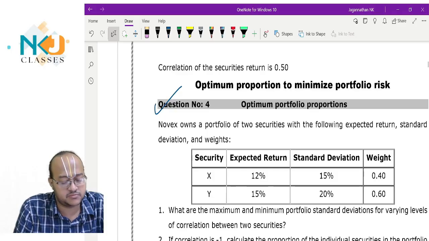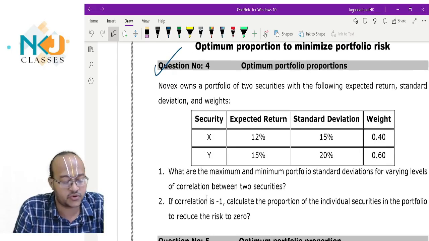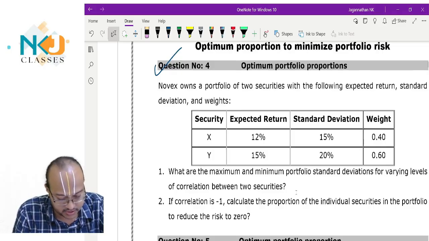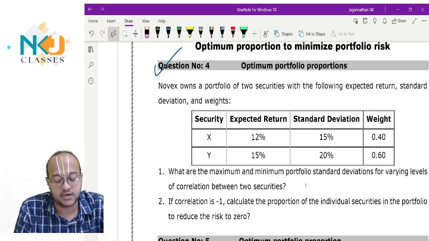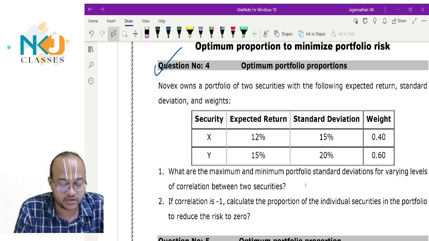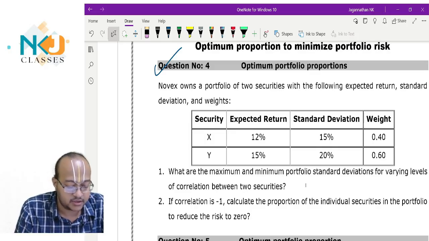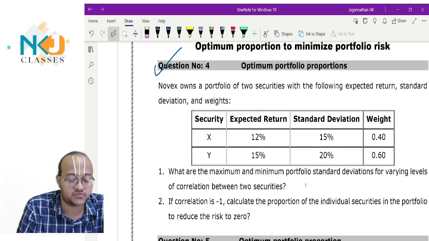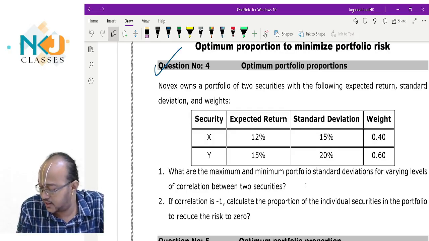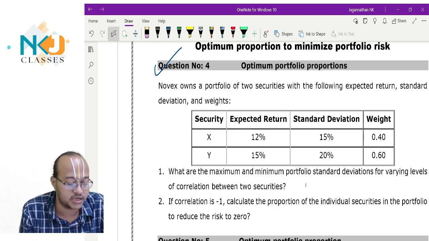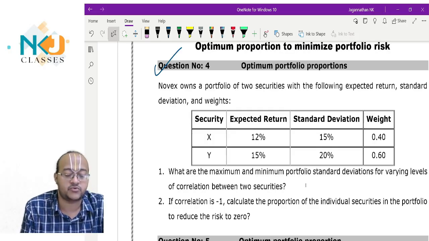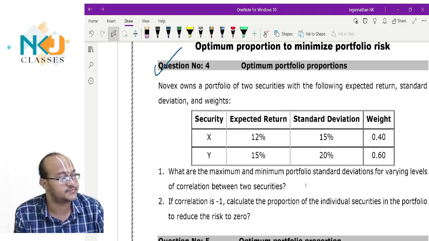What are the maximum and minimum portfolio standard deviations for varying levels of correlation between the two securities? Okay, for varying levels of correlation, they asked us to find the maximum and minimum portfolio standard deviations. Then the next part: if correlation is -1, calculate the proportion of the individual securities in the portfolio to reduce the risk to 0. Take a minute to read the question, then we will start our discussion.